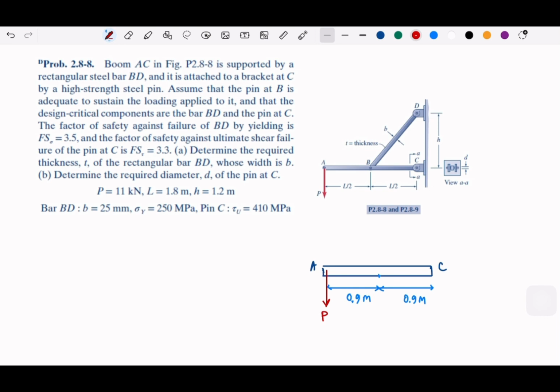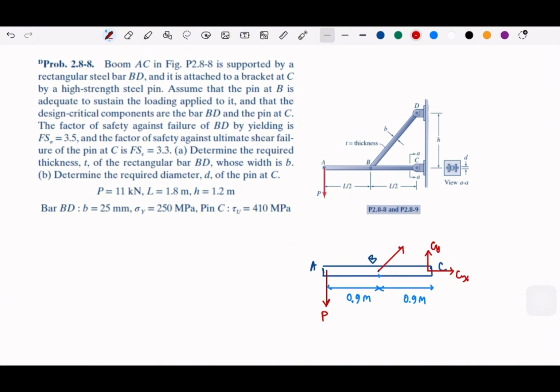And then at C we have pin supports. And then at B we have another member force.